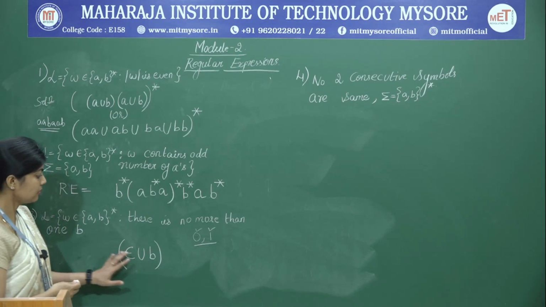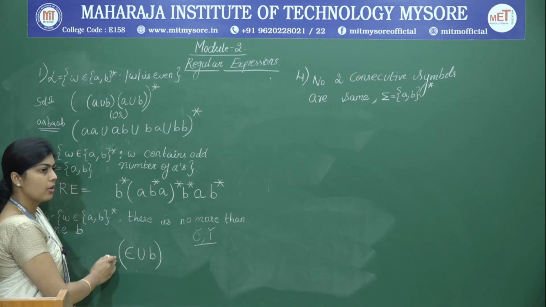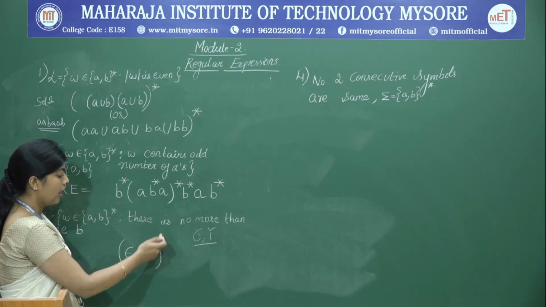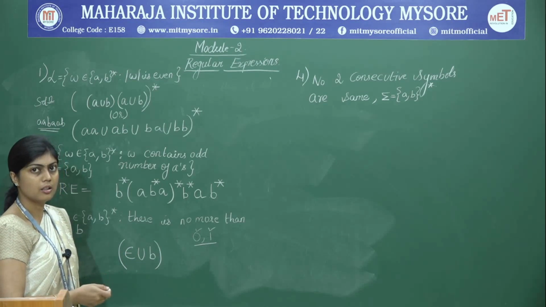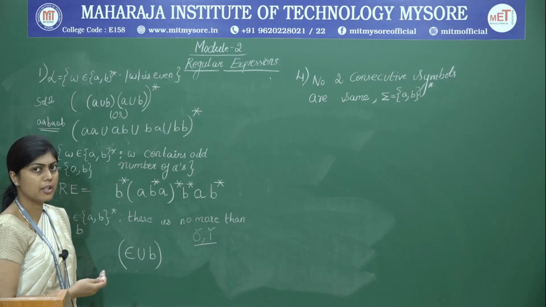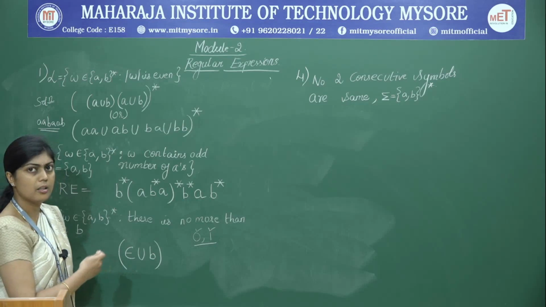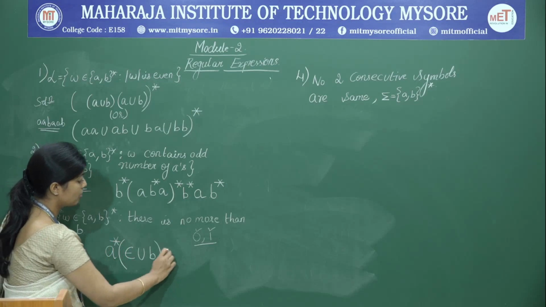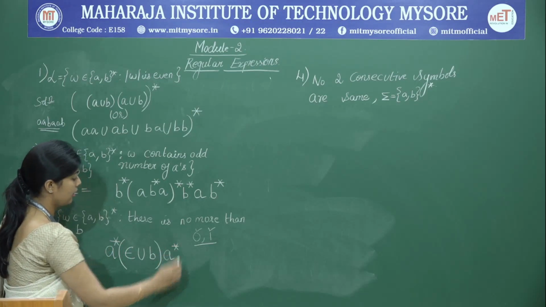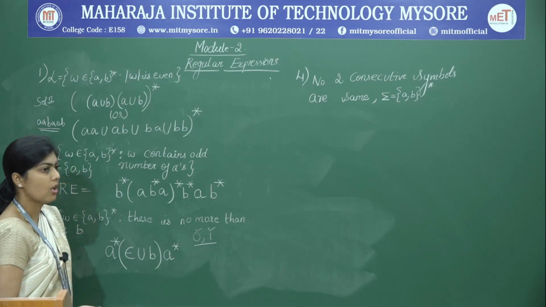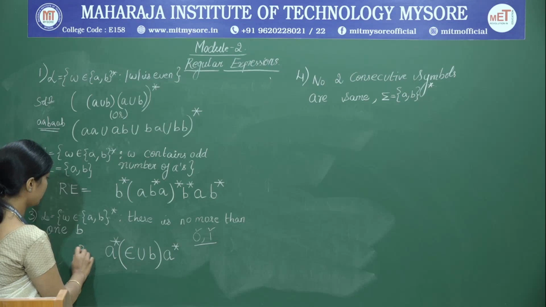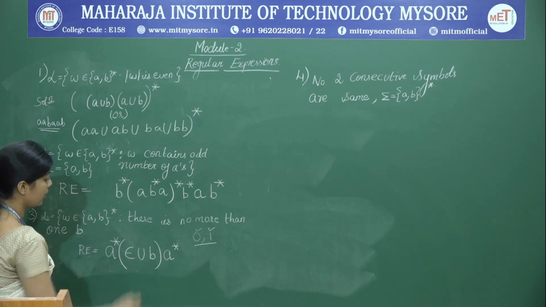So, an A can either appear on the right side of B or on the left side of B, and the number is also not important. There can be any number of A's and in any position. Therefore, we are going to include an A star here and also another A star here. So there could be or there could not be more A's in this string. This is the final regular expression that we are going to derive for this.